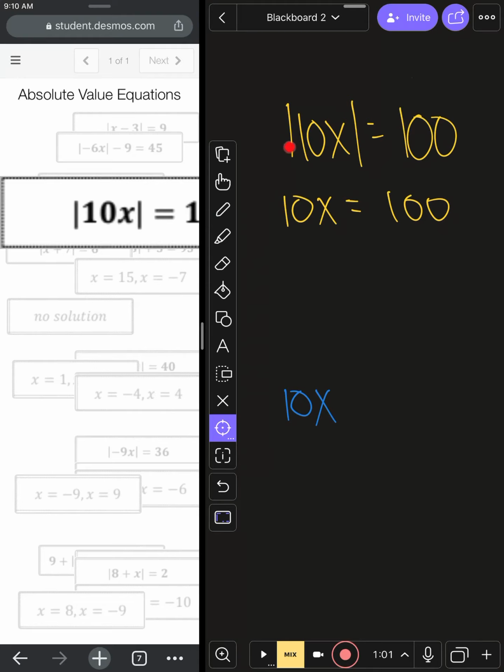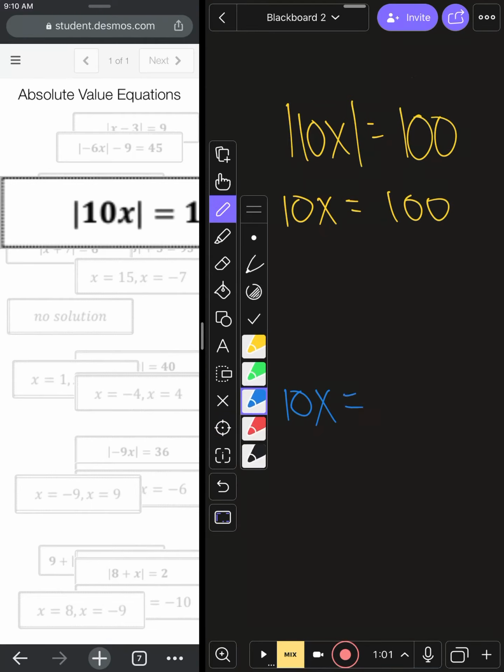Nothing changed there. I just drop these. I get my 10x. And then I put equals, and then I put not 100, but the opposite of 100, which is negative 100. And then I solve these two equations.